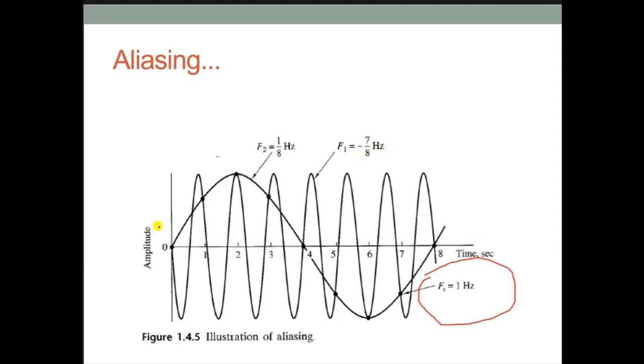So it is taken at different points. Therefore, aliasing happens when you give the wrong frequency. It takes the same points, but at different frequencies. So it gives you a signal that you don't want.